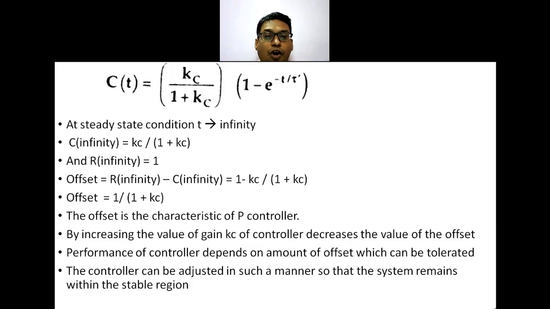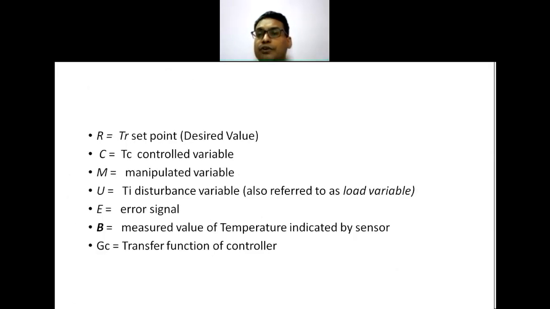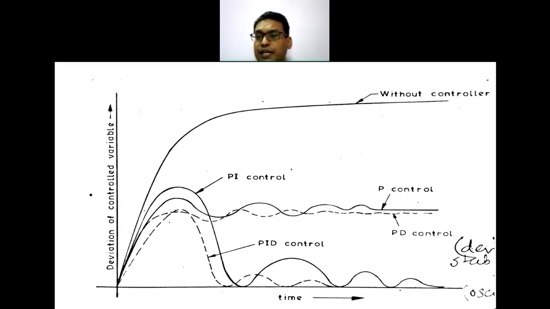So the offset, R infinity minus C infinity, is equal to 1 minus Kc/(1 plus Kc). Therefore offset is equal to 1/(1 plus Kc). This offset is a characteristic of a proportional controller, as we have observed in this figure. For a proportional controller, the offset exists.